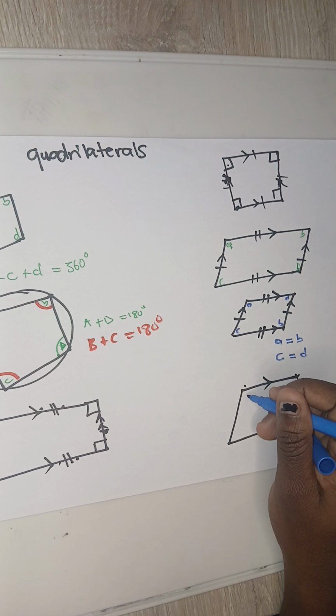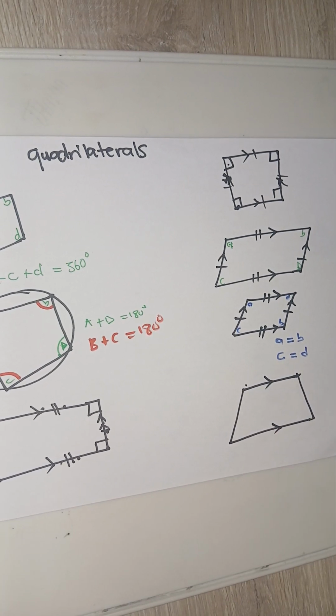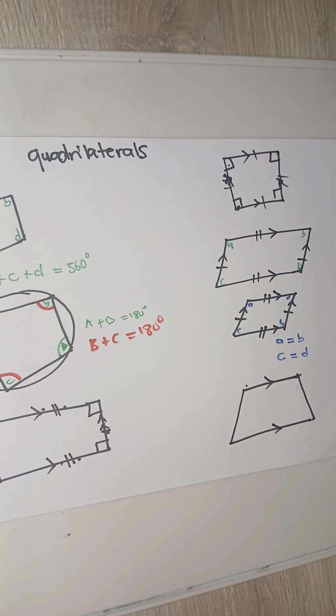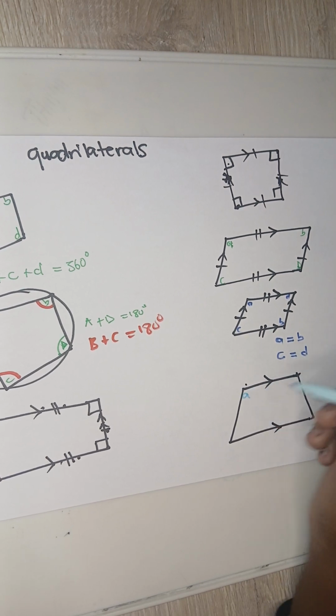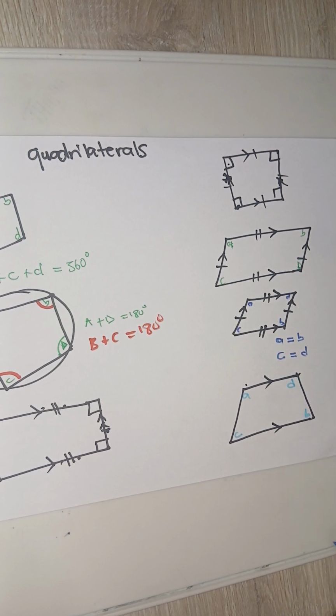Let me use the other color, that one is not visible. A, B, C, D in the trapezium.